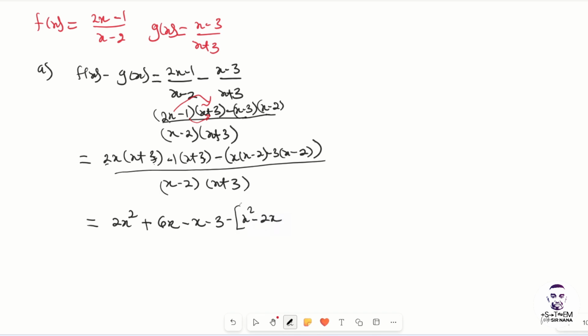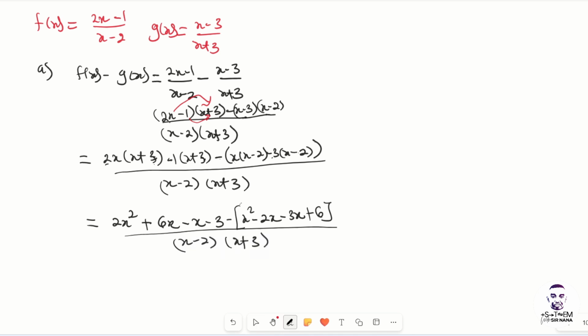And then minus 3 multiplying x gives us minus 3x. Then the negative times negative gives us positive: 3 times 2 gives us 6. And all these over x minus 2 and then x plus 3.